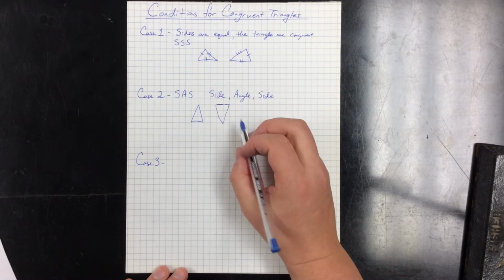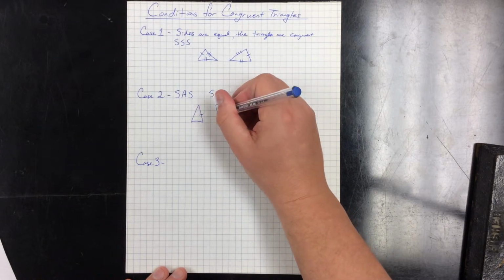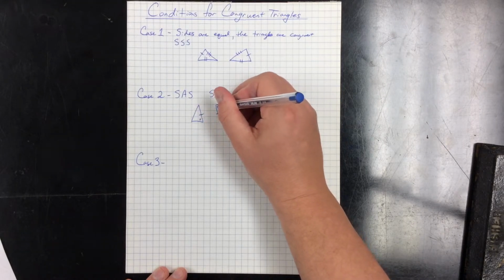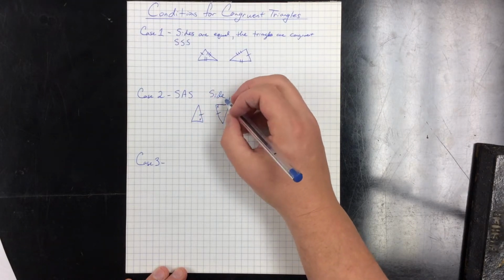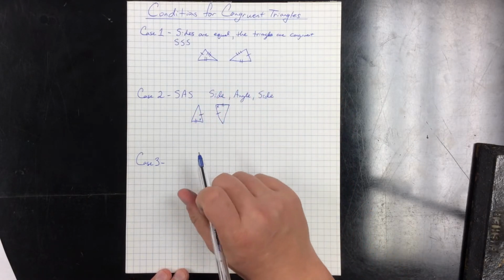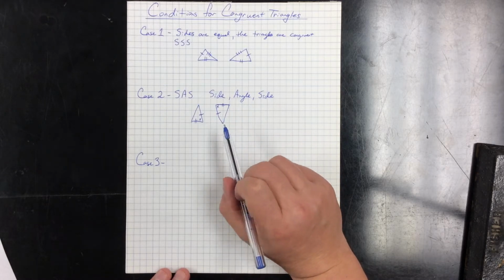I can see that they're not from the drawing, but we're just going to mark them like they are. So if we have two sides that are congruent, an angle that's congruent, we'll mark those with X's and O's, and then another side that's congruent, the triangles are congruent. They just have to be. If we have three points of congruency, then they have to be congruent.